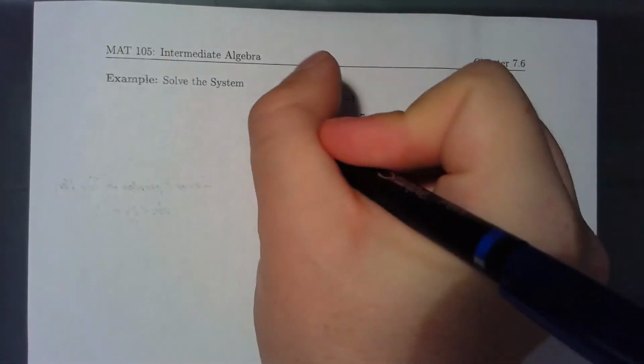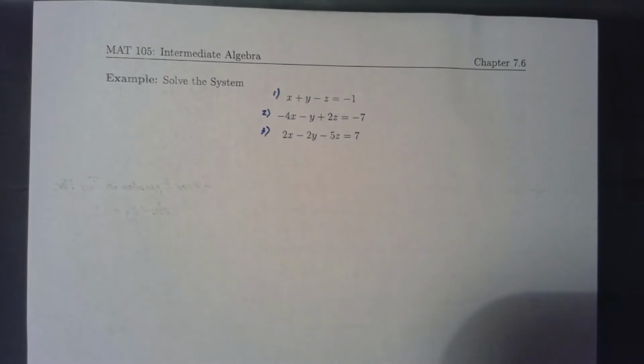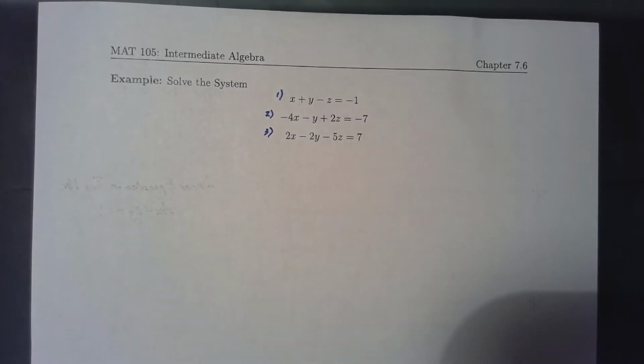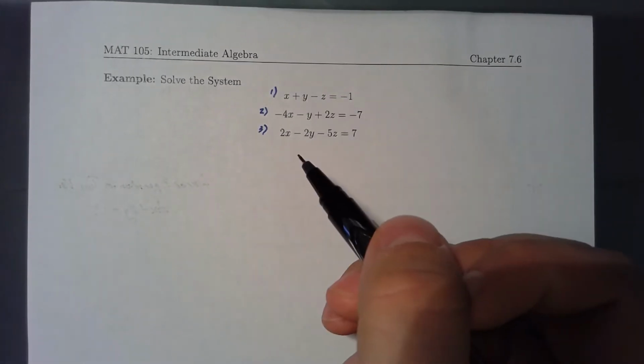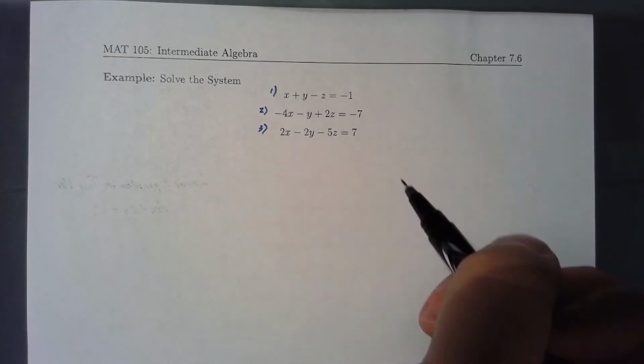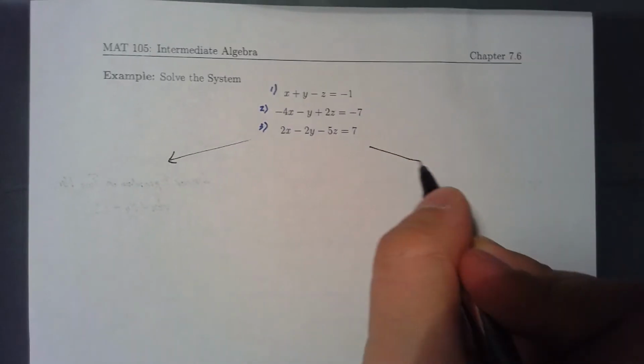That's equation 1, that's equation 2, and that's equation 3. Then I'm going to make two other systems from this original system. I'm going to break this system up into two separate systems.